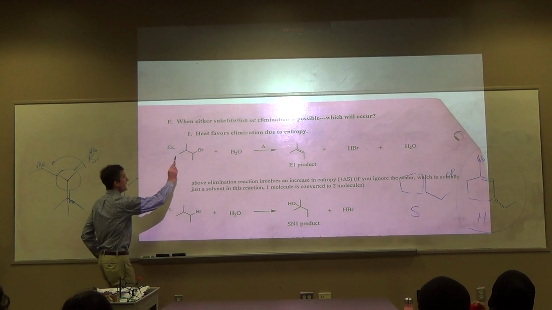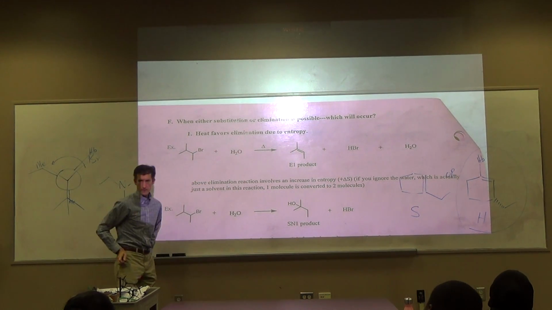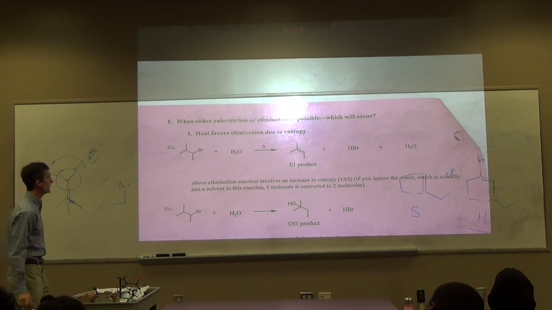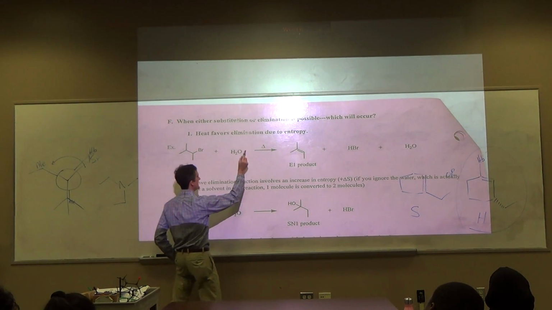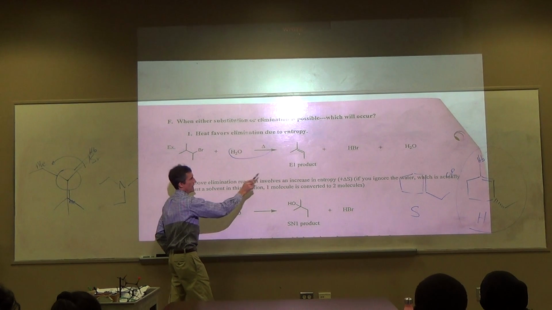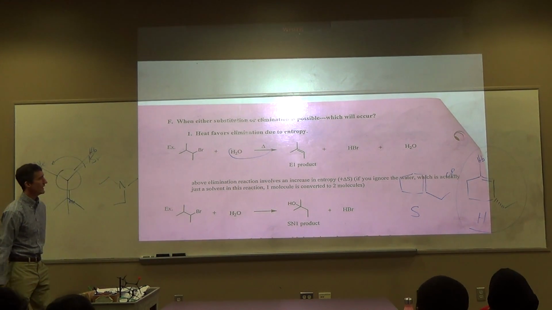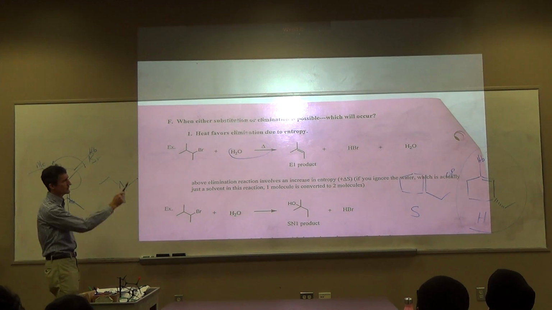First is, heat favors elimination, okay, due to entropy. We've mentioned this several times before. If you take this and maybe just heat it in water, probably going to get an E2 product. I'm sorry, E1 product.